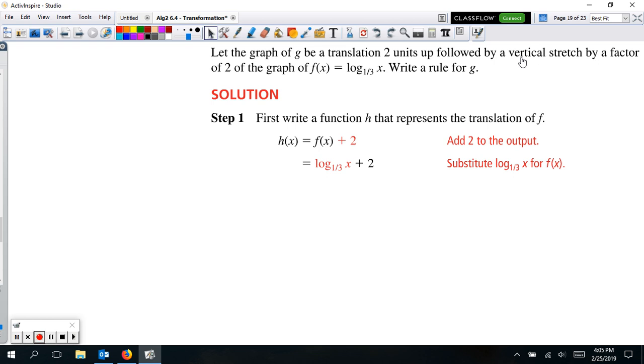The next thing we do is this vertical stretch by a factor of 2. Well, since it's a vertical one, it means it's also in front of the function, and that does not change the factor number. We're going to multiply this whole function by a 2. Not just put 2 in front of the log here, but we're going to multiply this log by 2 and also this 2 by 2. It's like a distributive property.